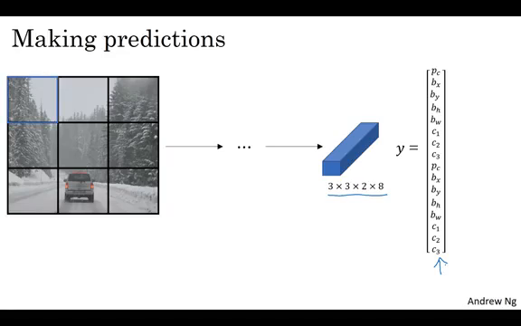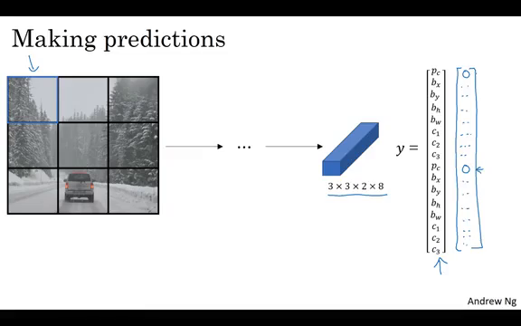So for the grid cell here on the upper left, if there's no object there, hopefully your neural network will output 0 here and 0 here, and it'll output some values for the rest. Your neural network can't output a question mark, it can't output a don't care. So it outputs some numbers for the rest, but these numbers will basically be ignored because the neural network is telling you that there's no object there. So it doesn't really matter whether it outputs a bounding box or a class. It'll basically just be some set of numbers, more or less noise.